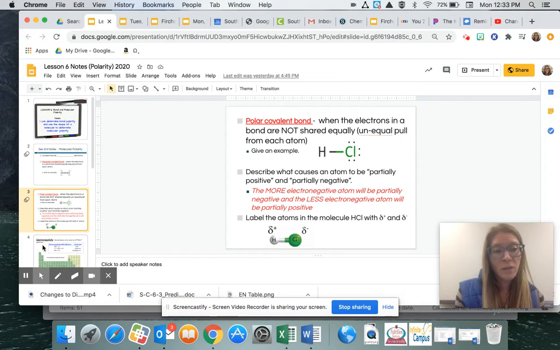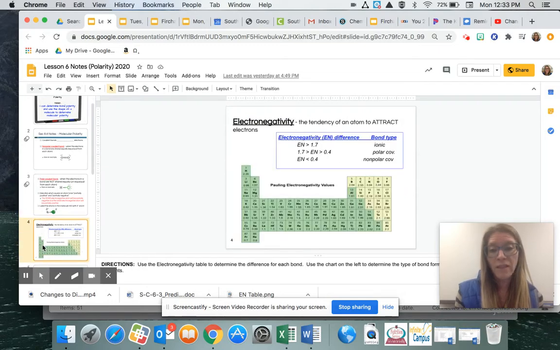So for example, if we look at the chart of electronegativity, each atom is assigned an electronegativity value. Electronegativity is the tendency of an atom to attract electrons. So over here on the far right of the periodic table, these are the elements that usually form negative ions.